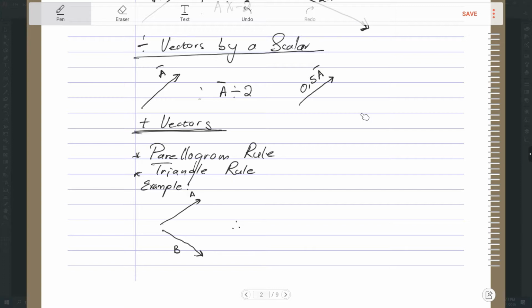The parallelogram rule says we must add the two vectors tail to tail first.